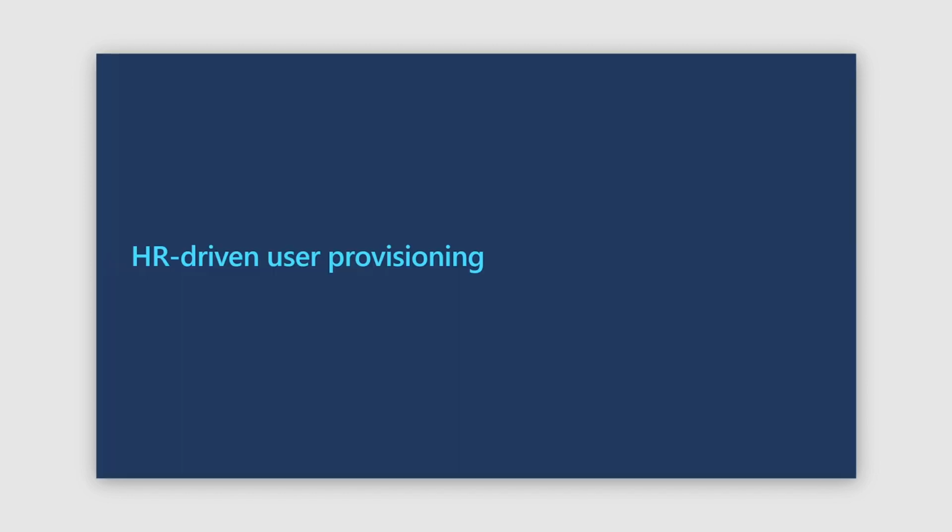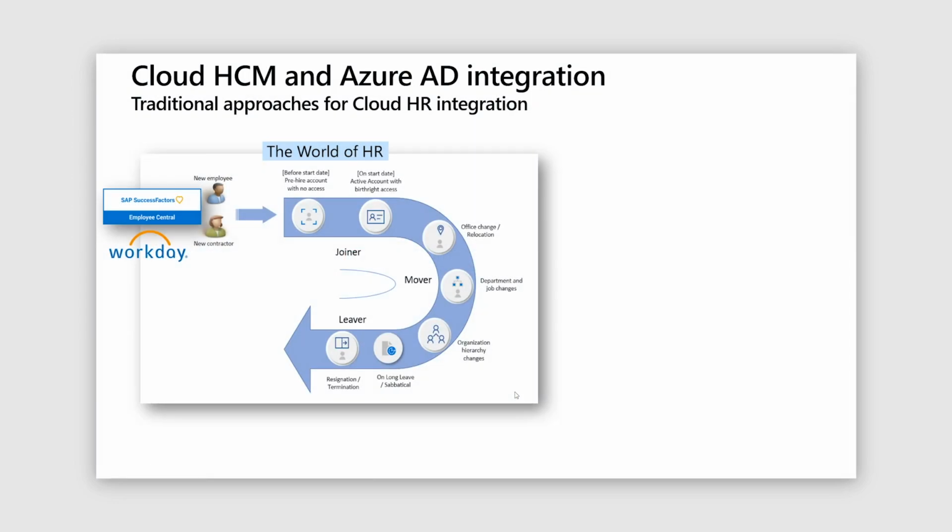Thank you, Jason. With that, let's look into the world of HR-driven user provisioning and what makes it unique. In the world of HR, admins are often juggling joiner, mover, and leaver scenarios.